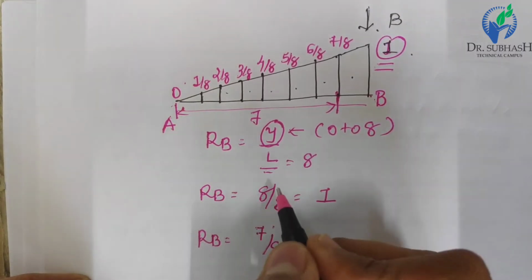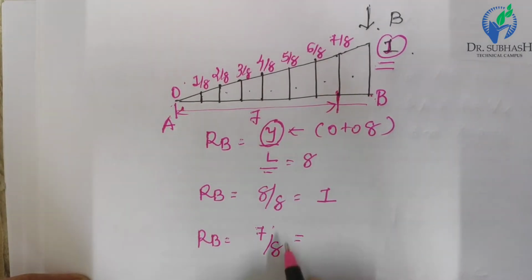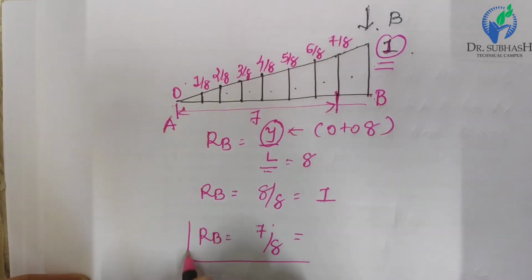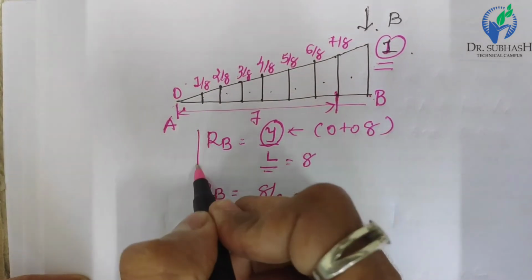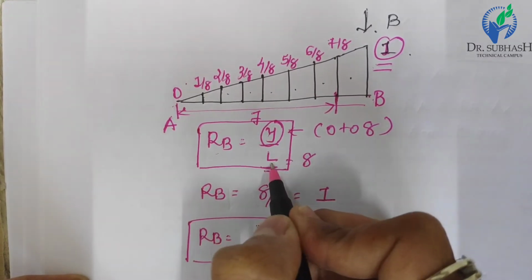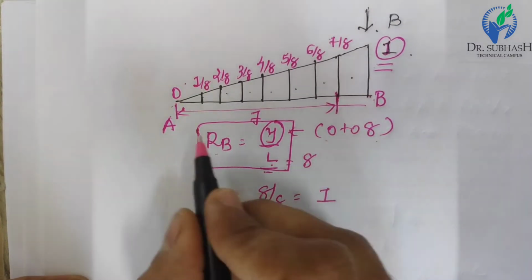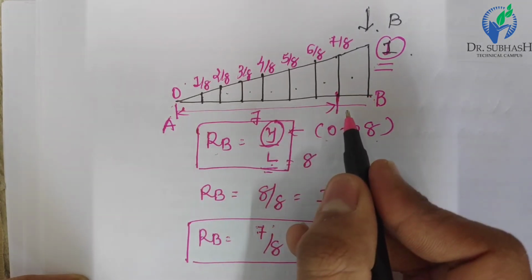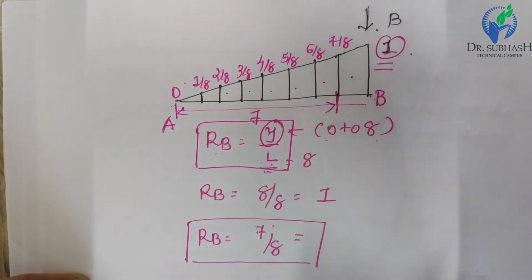I think all of you have understood. The same procedure should be done for all the points. You have to remember the equation of RB is nothing but y by L, and the range is 0 to 8 meters. So at any interval of the given span you can find out RB.